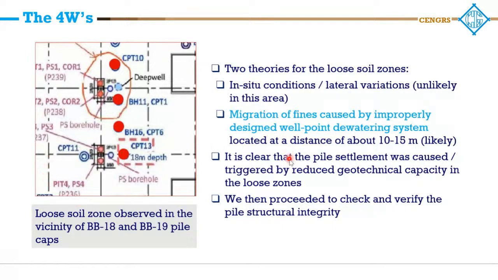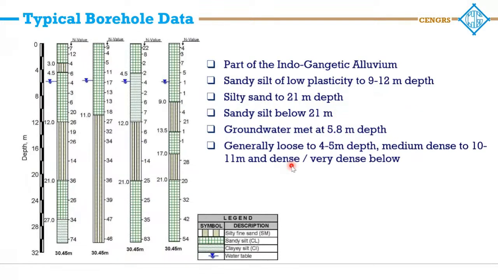So it was clear that the pile settlement was triggered by these loose zones. The capacity has reduced because of this. You can see here that the groundwater is very shallow. It was probably a little bit higher during the construction period.